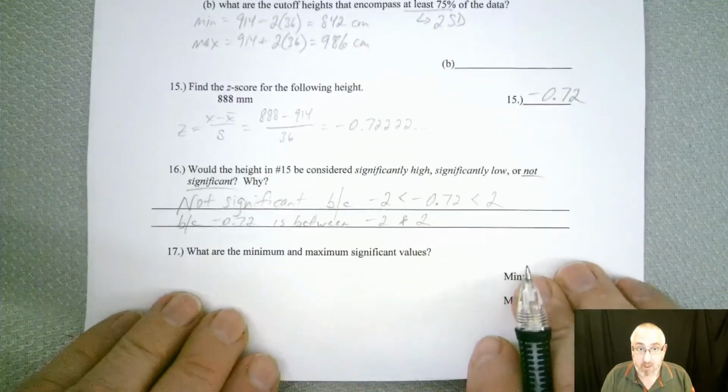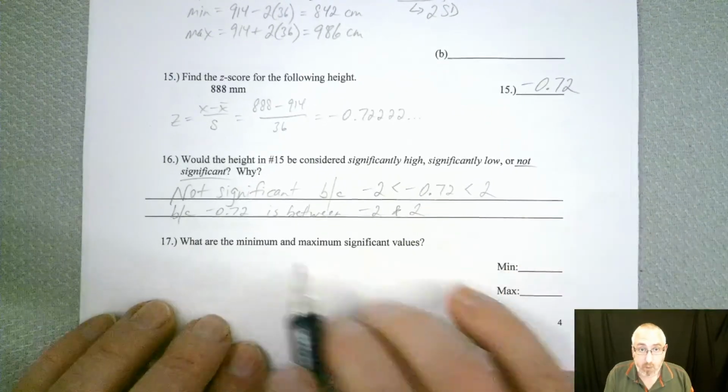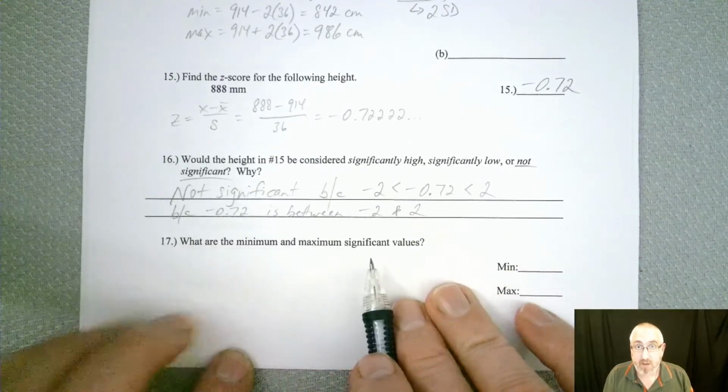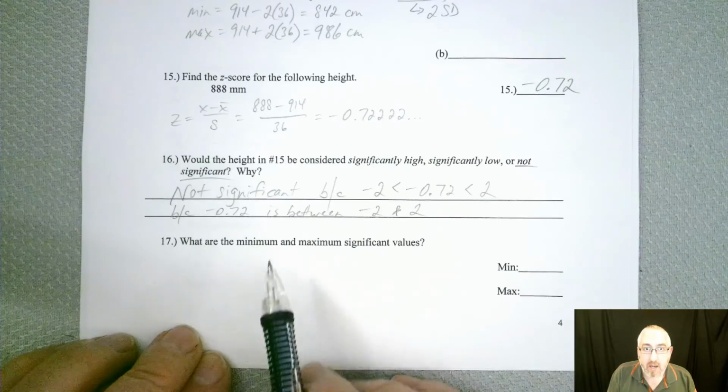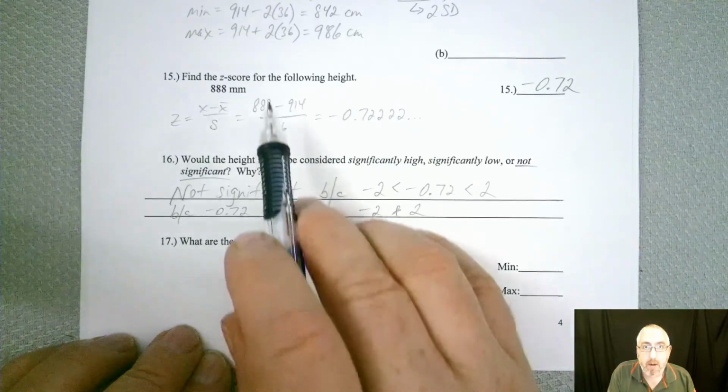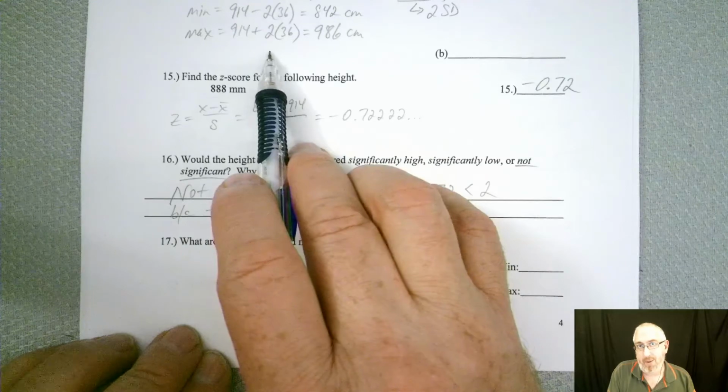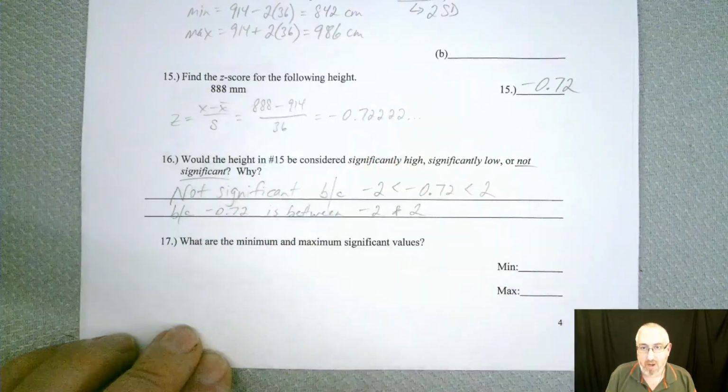So now the last question, what are the minimum and maximum significant values? Now we just want to know what those cutoffs are 2 standard deviations away. And if we kind of look up above, we actually already found them. We already know what those 2 cutoffs are.